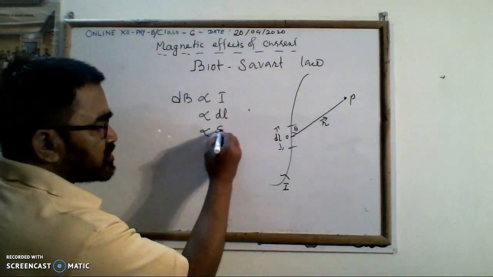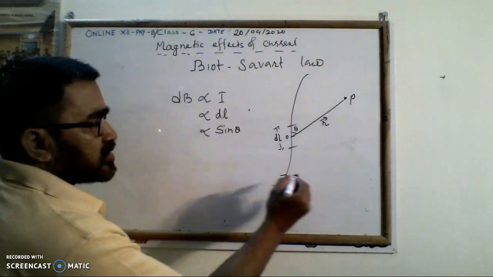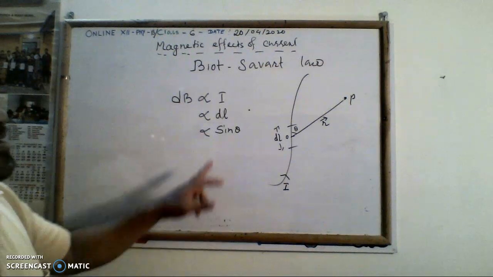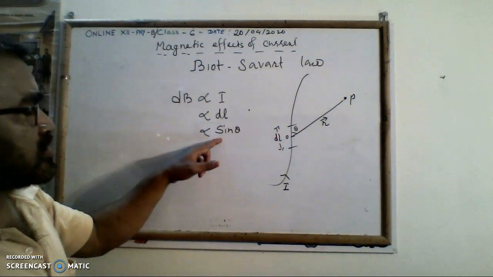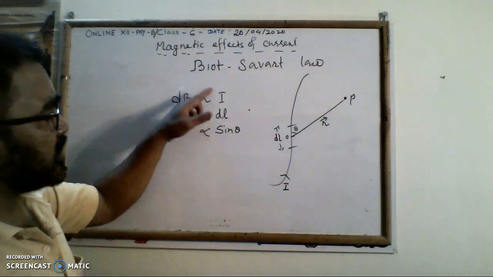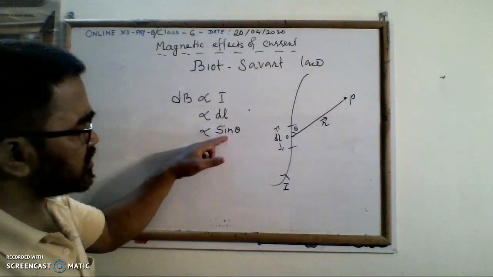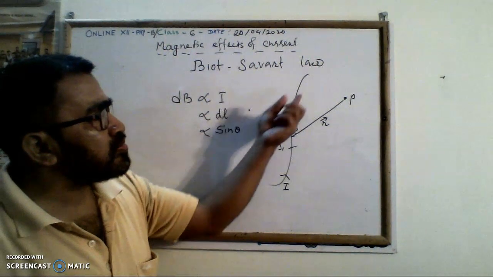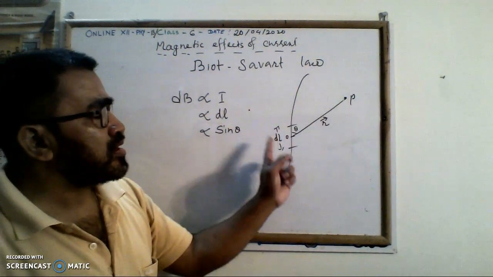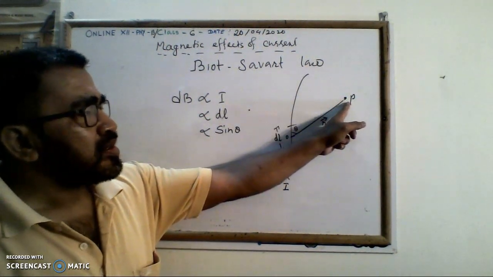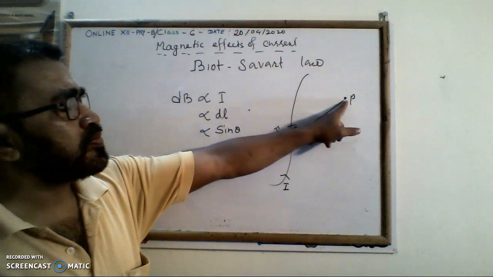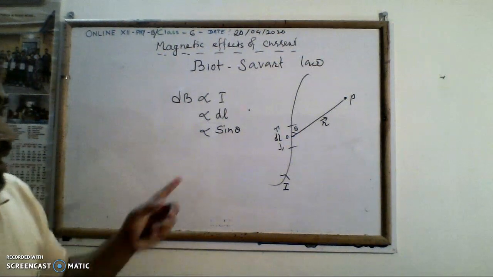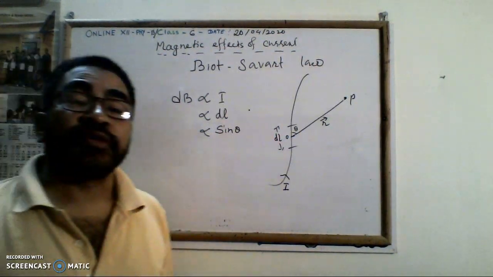That is why it is sine theta, because when theta increases, sine theta also increases. That is why instead of taking theta, they have taken sine theta. Where theta is the orientation of this conductor with respect to the point P, or you can say that the point P has some orientation theta at this central point, right?